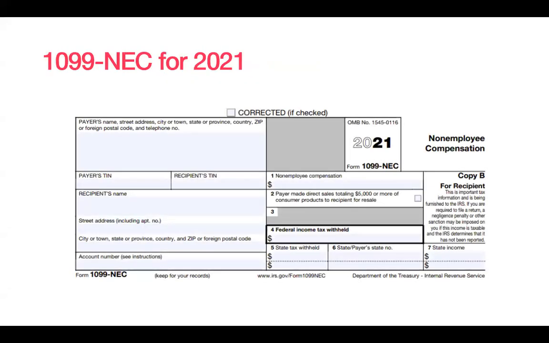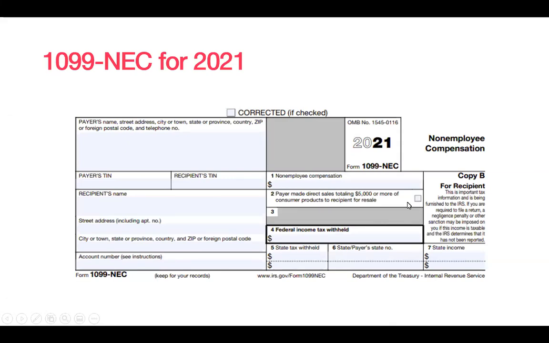So here's a look at the 2021 1099 NEC. You see it's very, very basic in that all you're doing, if I can find my mouse, there it is, is putting in the payer information, the TINs, the recipient's information, and then the compensation. Pretty much that's it. Only if they're using backup withholding are you ever dealing with that information, which is rare.